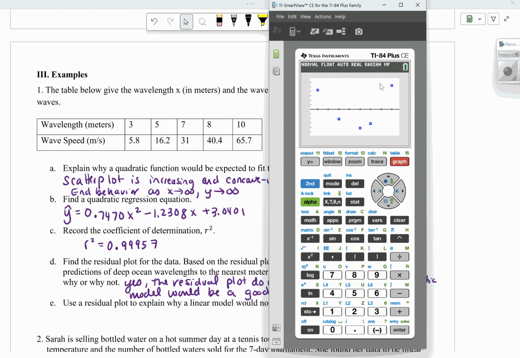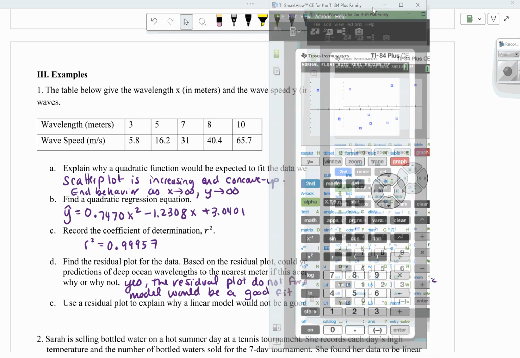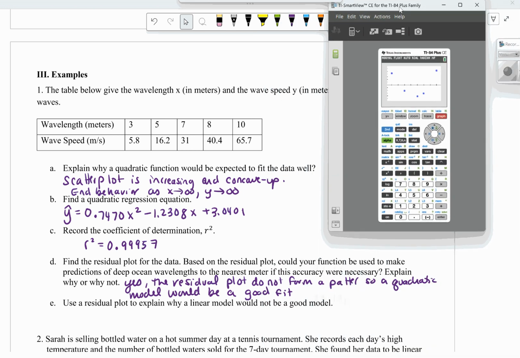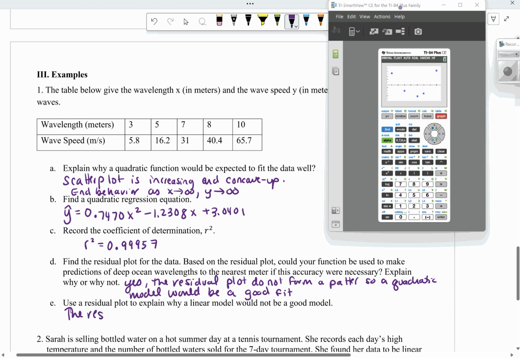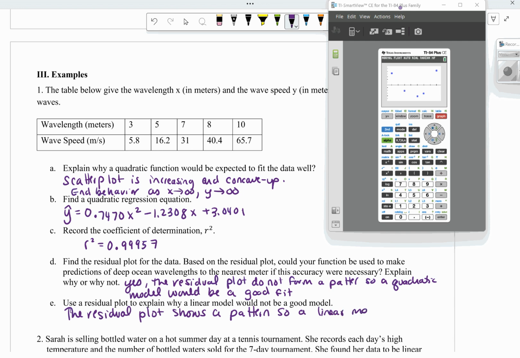So that tells us that the linear model would not be appropriate. So the residual plot shows a pattern. So a linear model is not a good fit.